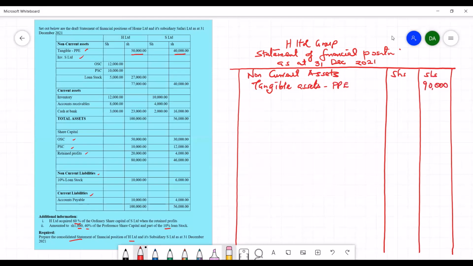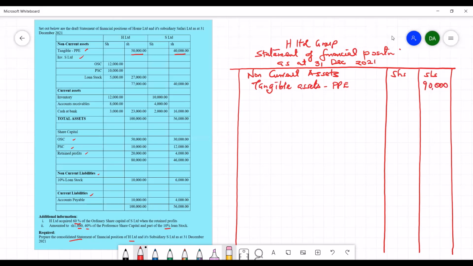Then when we come to investment in S Limited, this investment is going to cancel out. We are not going to present the investment in S Limited because that investment is on the shares of ordinary share capital, preferred share capital, and retained earnings of S Limited.